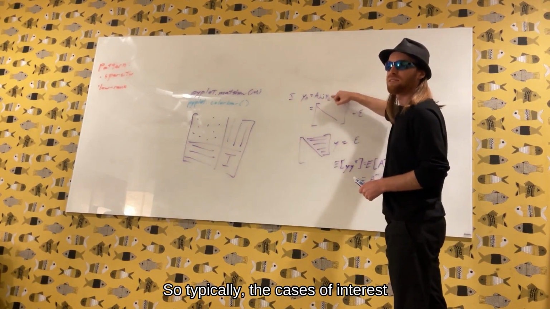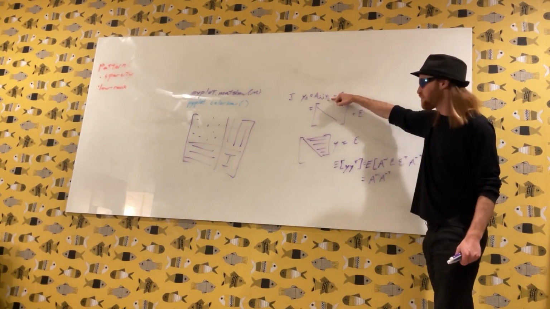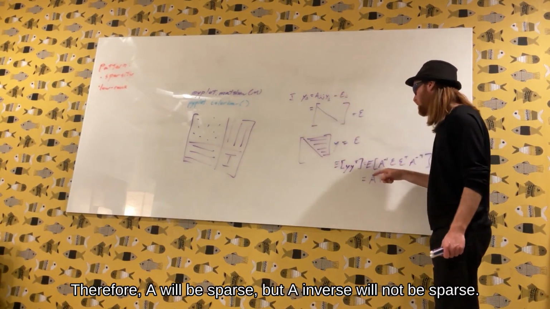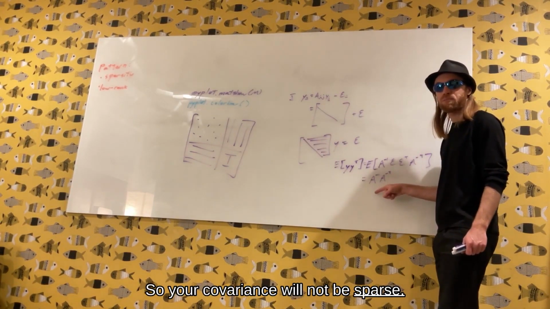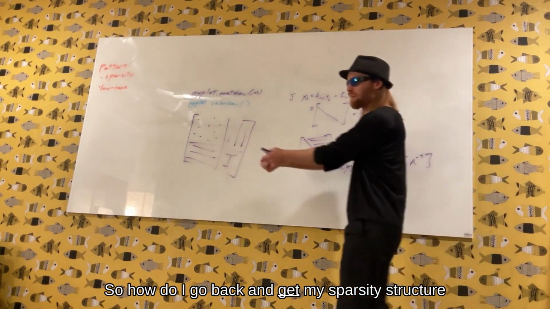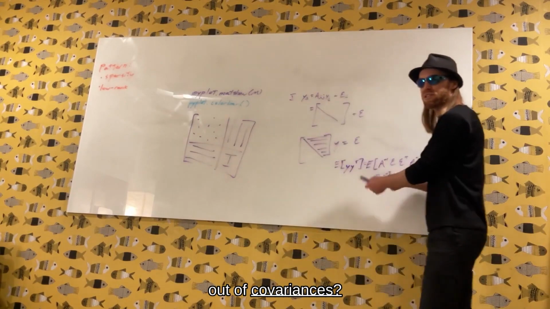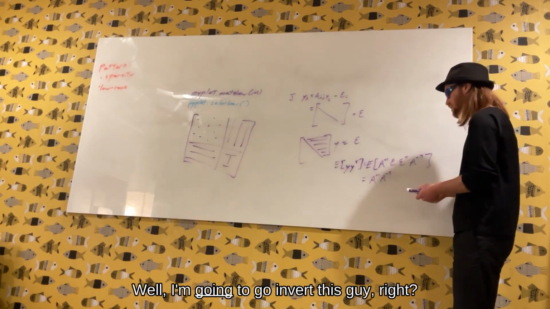So typically, the cases of interest are going to be when these interactions are sparse. Therefore, A will be sparse, but A inverse will not be sparse, so your covariance will not be sparse. So, how do I go back and get my sparsity structure out of covariances? Well, I'm going to invert this.